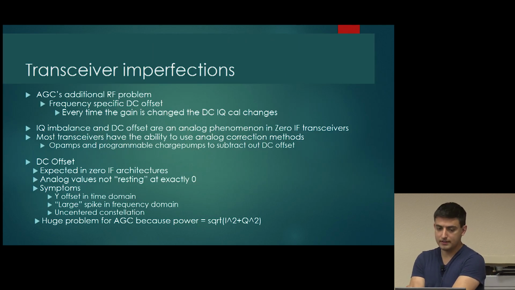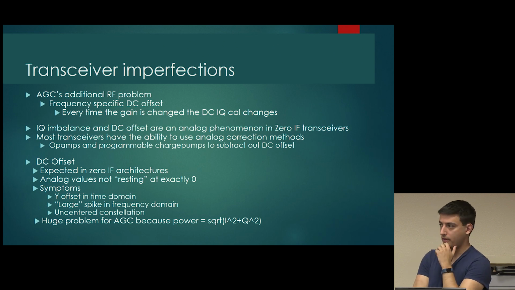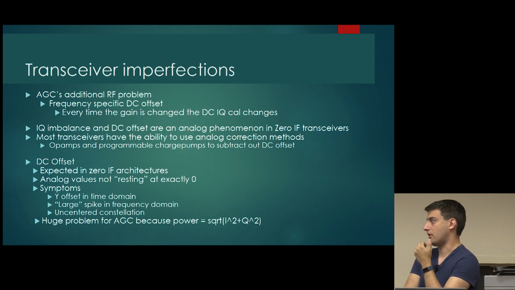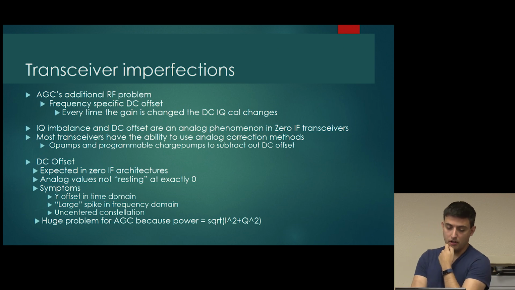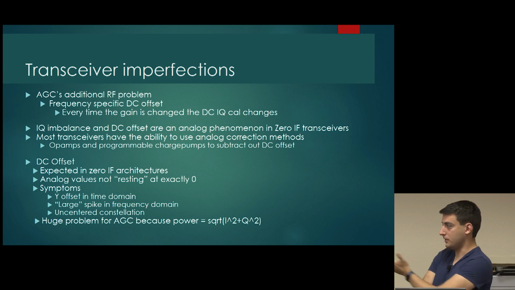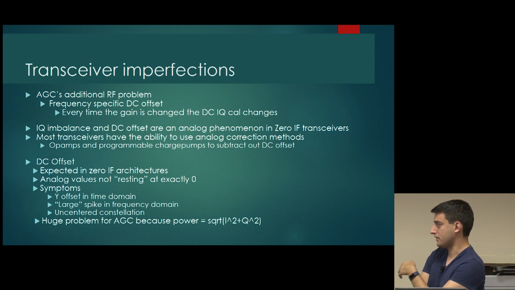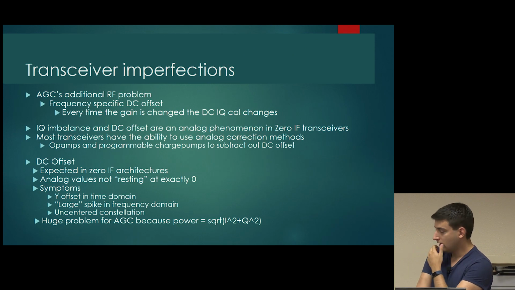So in addition to just changing gains, there's a couple of issues with these zero-IF transceivers. The two most common ones are DC offset and IQ imbalance. These are analog phenomena, and the best we can do is to try to combat them by adjusting compensators in the transceivers, or try to do so digitally.